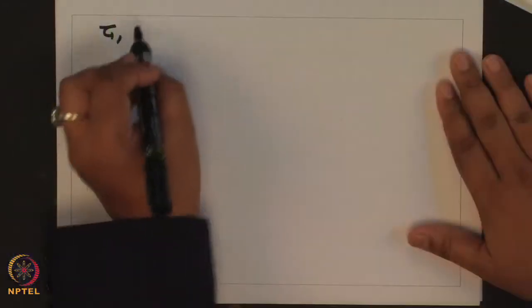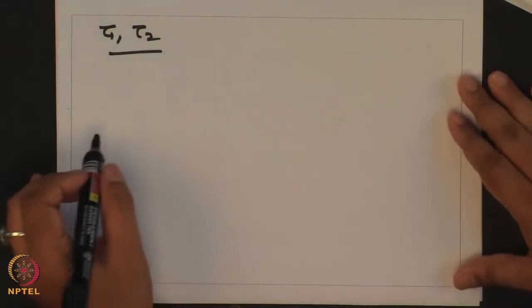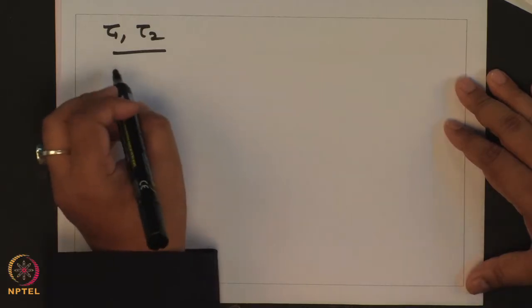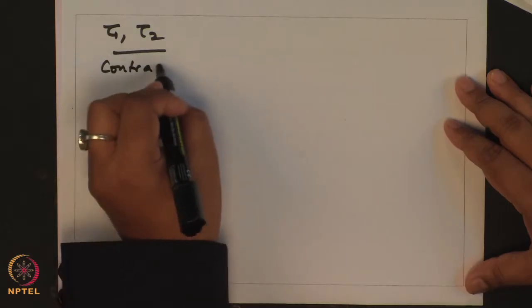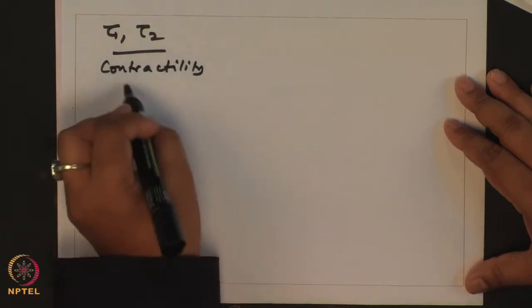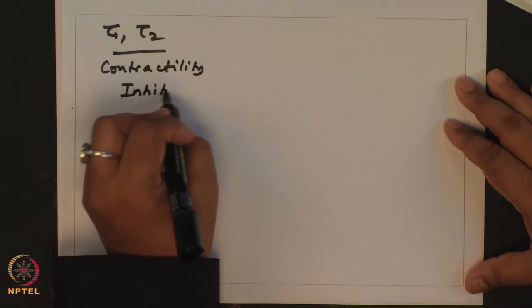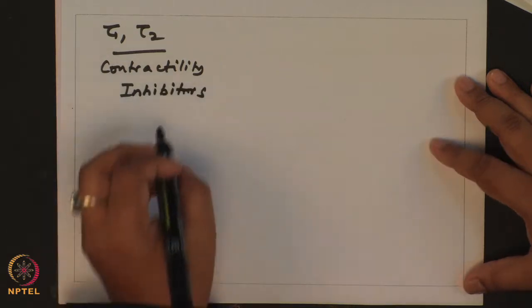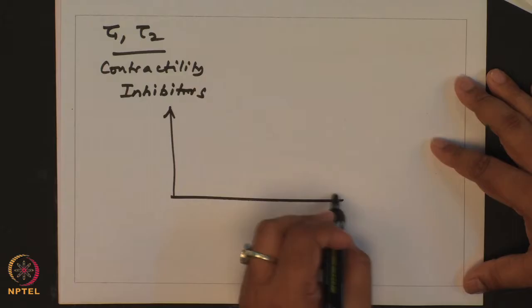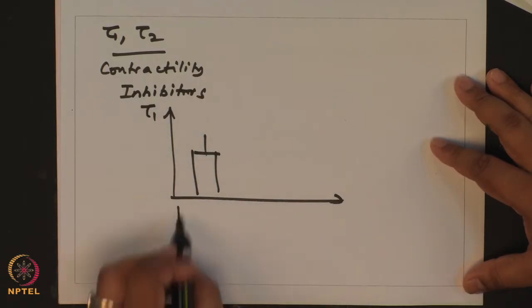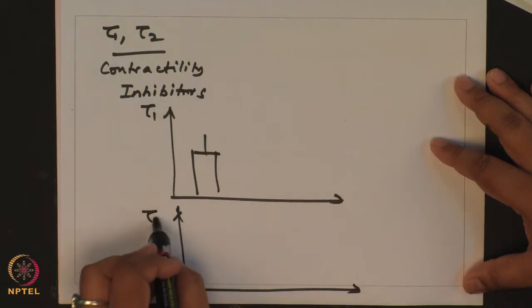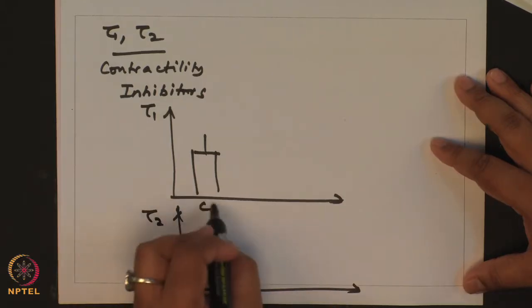Okay. So, what has been observed? You can backtrack two time constants tau 1 and tau 2. What has been observed is when you perturb cells with contractility inhibitors, let us say this is my tau 1 and this is my tau 2 for control cells.